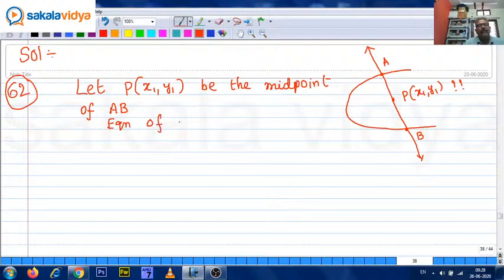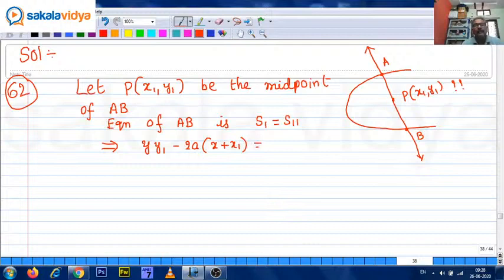The equation of AB whose midpoint is (x1, y1) is given by S1 = S11. That means you can write like this: S1 means y1 y minus 2a times (x plus x1), equals S11, which means y1 square minus 4a x1. It represents the equation of AB, but the equation of AB is already given.